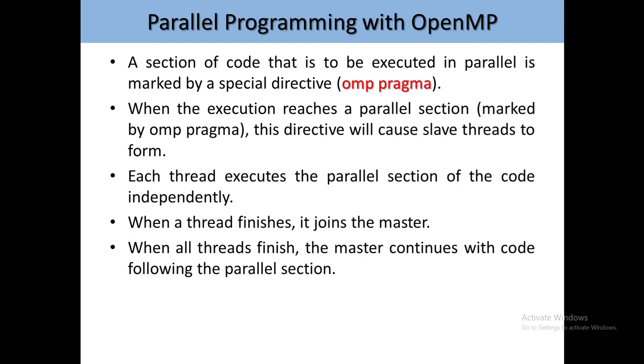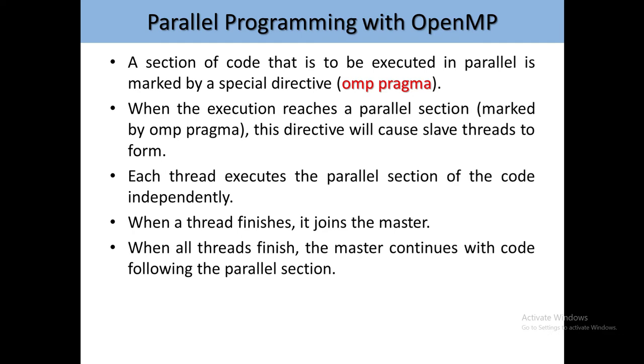Each slave thread executes the parallel region of the code independently on its own. When a thread finishes, it joins the master thread. When all the threads finish, the master thread continues with the code following the parallel section.